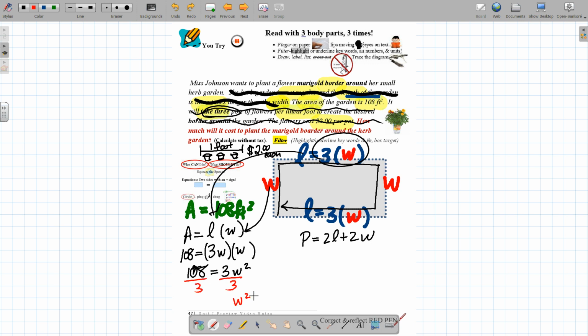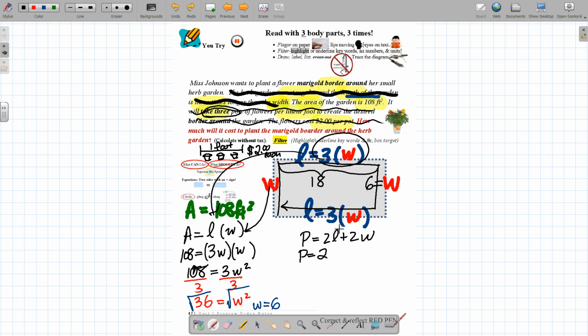Now for every foot, we're going to buy 3 pots of flowers. So 48 times 3. And that's 144 pots I am buying for my border.